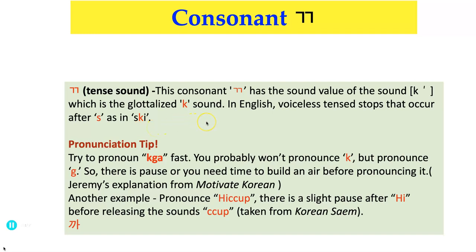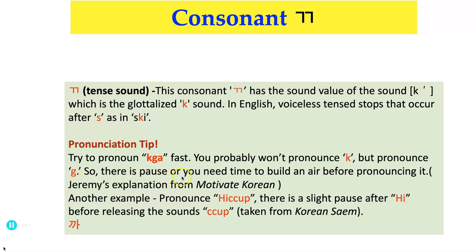This consonant is a glottalized sound. In English, this voiceless tense stop sound occurs after an S sound, as in ski, ski. So here is a pronunciation tip: try to pronounce K, G, A fast. You probably won't pronounce ka, but more like ka, ka.